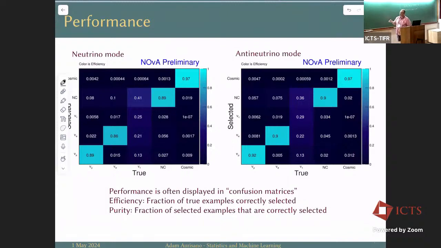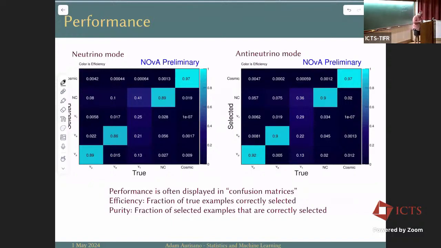Now, I should say quickly that whenever you see grids like these, they are called confusion matrices. They're a summary of the performance of a network. They can display either efficiency, which is the fraction of true samples which are correctly selected, or purity, the fraction of selected samples that are actually correct, right? Which are different things. These are both efficiency.